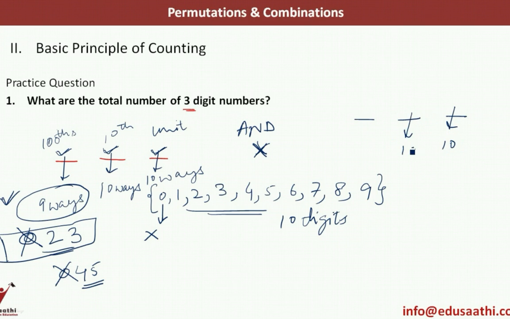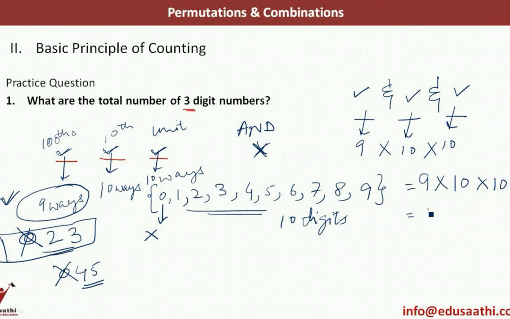This can be filled up in 10 ways, and this can be filled up in 9 ways. So because we need a number here and a number here and a number here, we are using this AND symbol, so I will multiply here and not add. So the total number of 3-digit numbers is 9 into 10 into 10, which is how many? 900 numbers.